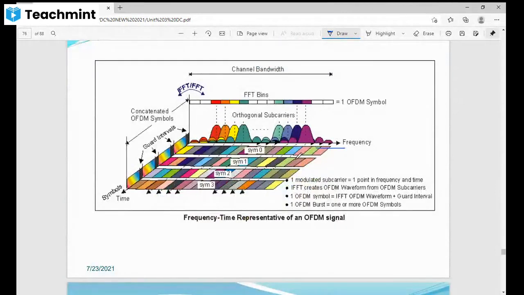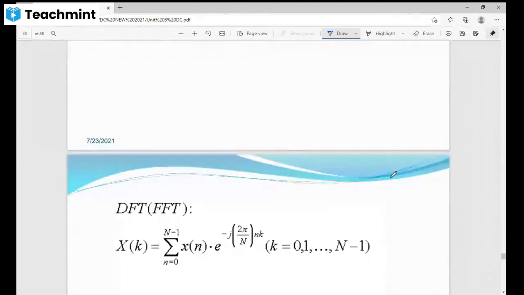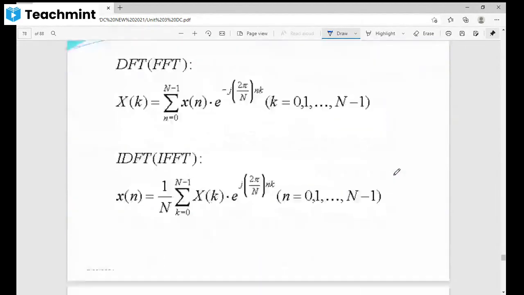That is 1 2 3 4 and this will be the period, the guard period, guard interval. Okay, so carefully look at this diagram. From this diagram the explanation of the block diagram above will be clear. So the simplified OFDM system block diagram: at the transmitter take the inverse Fourier transform, then convert to sinc function, then Fourier transform, then parallel to serial.